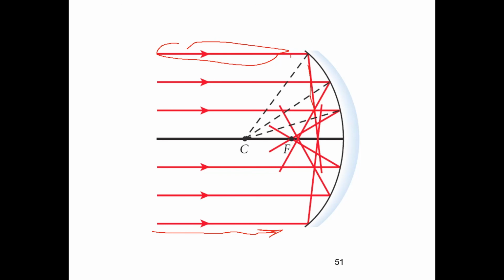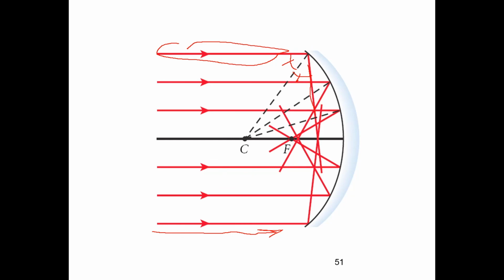So this angle and this angle are the same. But notice that the further away we are from the center, the reflected rays don't meet in the center. So if you actually look in these mirrors, the image on the edges is fuzzy.